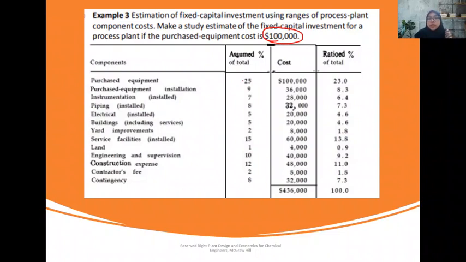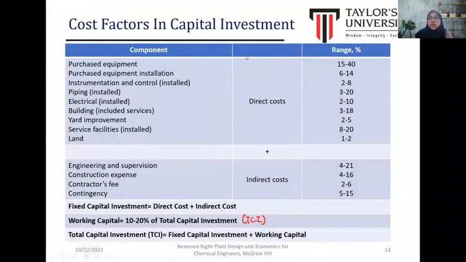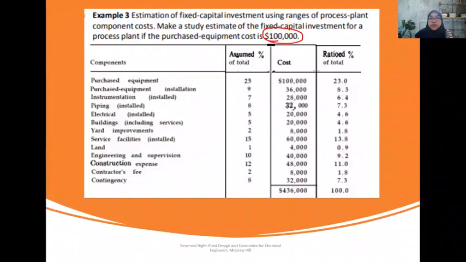So for the estimation, because the range is within 15 to 40%, we may consider the average of the range for the purchase equipment. It gives about 25%. And then we can proceed to the next item until it gives us the value of fixed capital.